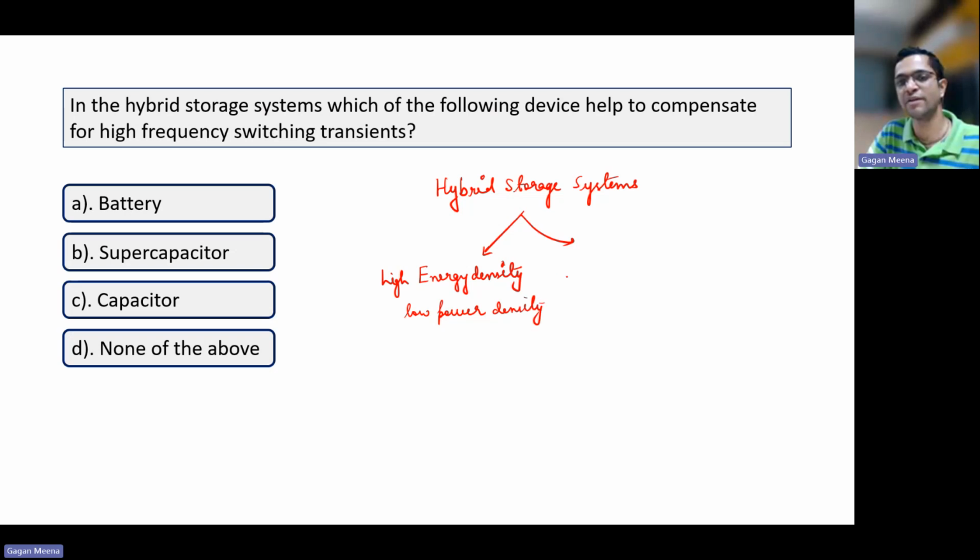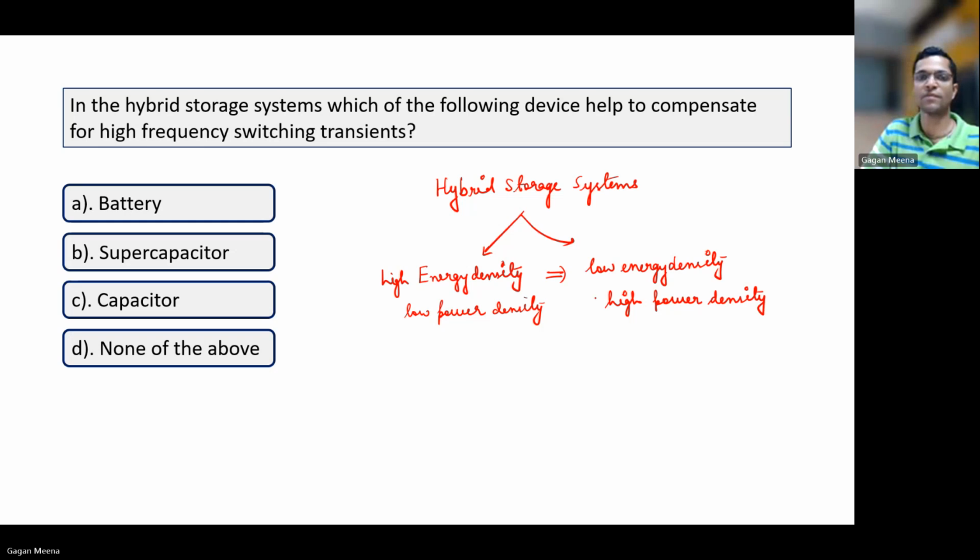The second one has comparatively lower energy density and high power density.